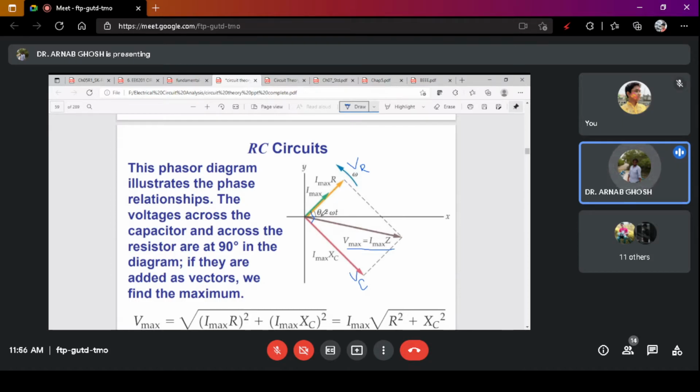It is still lagging, but now it is lagging by an angle less than 90 degree. So the power factor will now not be equal to cos 90.